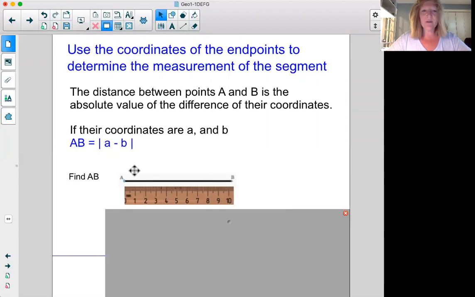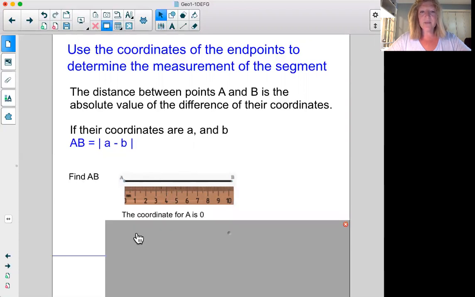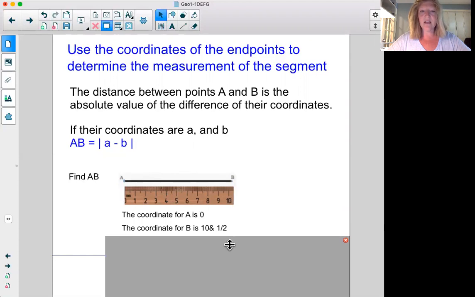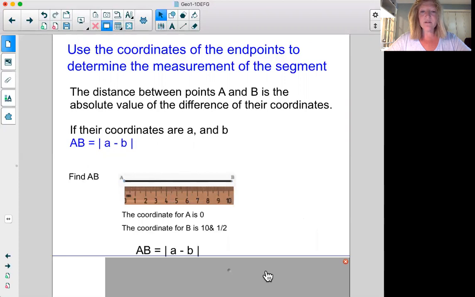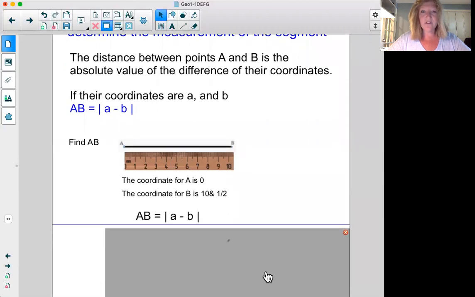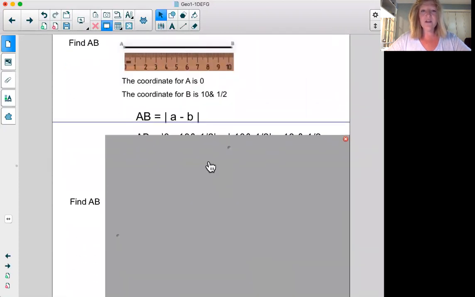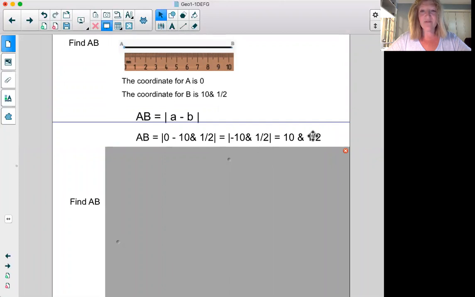So for example, if I'm given this segment and I want to find the measurement of the segment, then first I figure out this coordinate, and then I figure out this coordinate, which we did on the previous slide, and then to figure out the measurement, I'm going to take the absolute value of the difference of those two coordinates. So the absolute value of 0 minus 10.5 equals the absolute value of negative 10.5, or just 10.5.